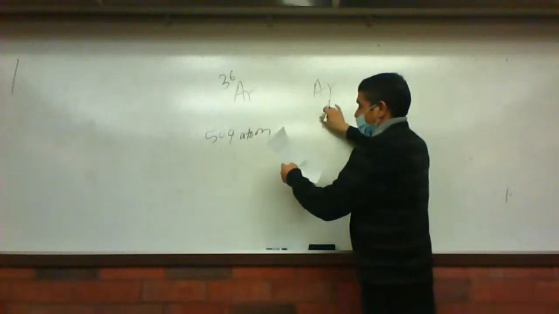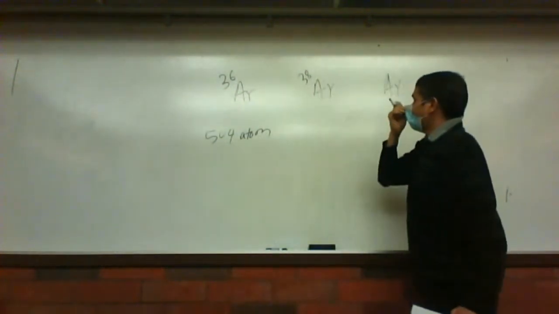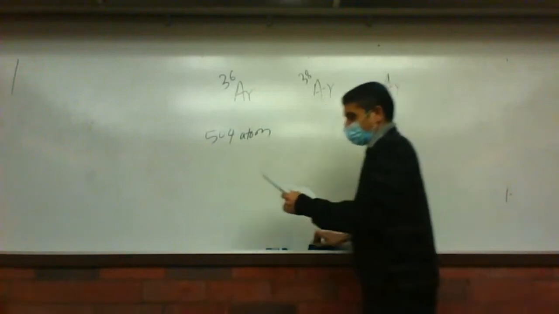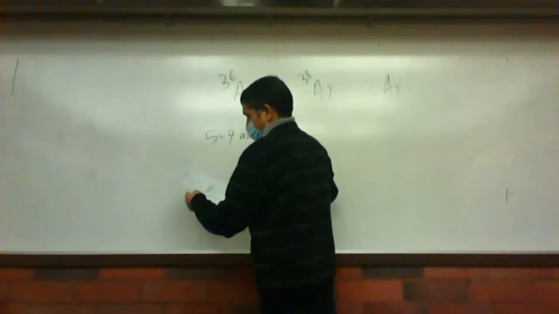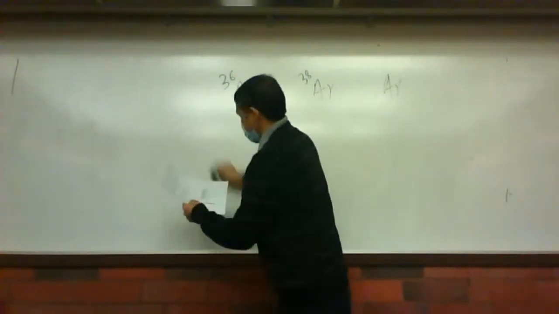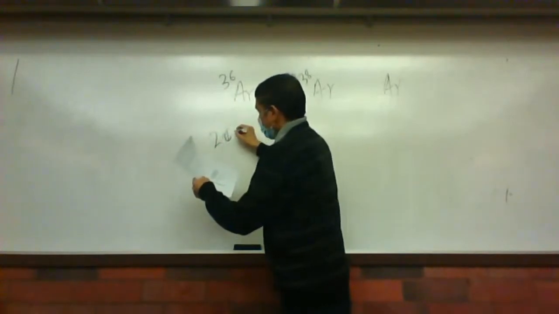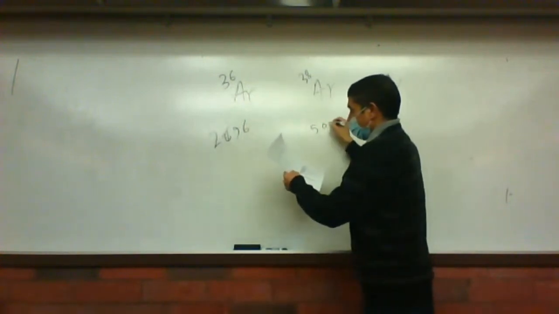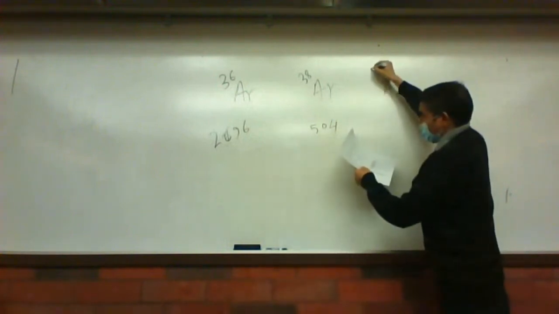And this kind was argon-38, so proton plus neutron were 38, and of this kind of argon atom they found, I think, 508. Sorry, this one was 2696 atoms they found. And this kind was 504 atoms, and this other kind was 40.